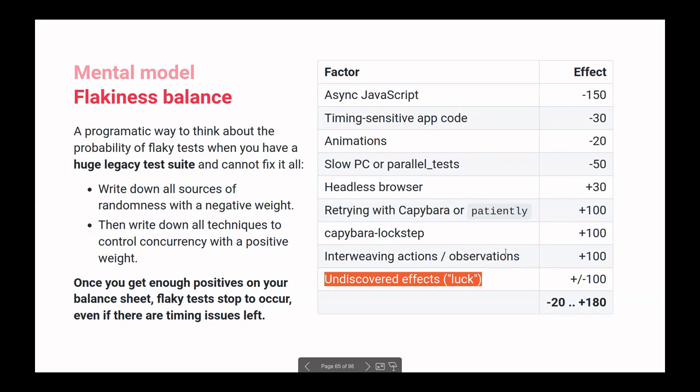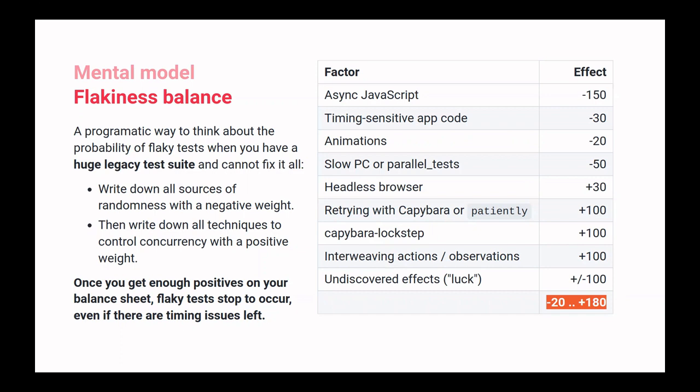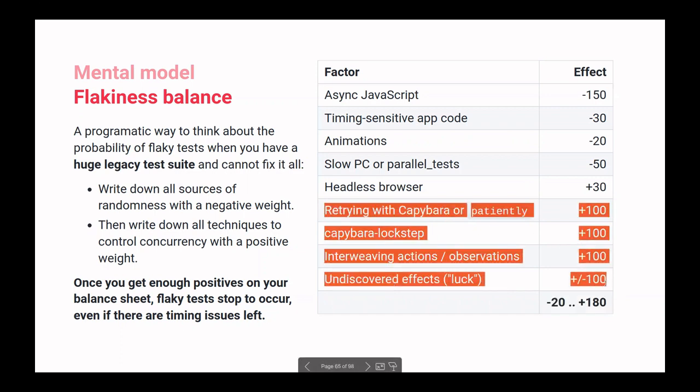So it's never a perfect balance, and I made up all these numbers by gut feeling. But essentially, the range that comes out should be more on the positive. I just know that when I introduce enough of these tools and patterns that take away space for concurrency, the issue will eventually go away. And this is how I approach stabilizing a legacy test suite that I cannot rewrite because it's just too large.